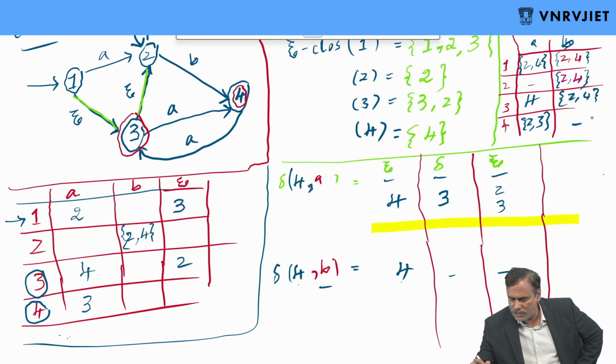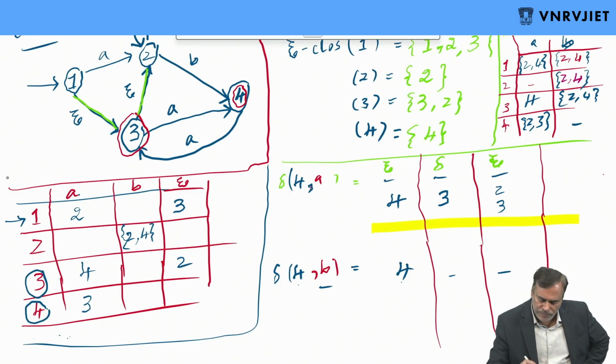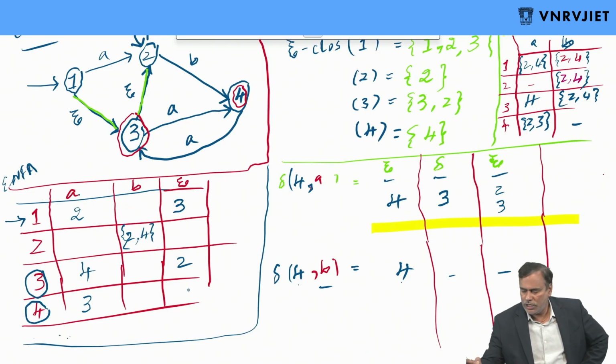So you have got the transition table of this NFA from the transition table of epsilon NFA. What is the basic difference between these two in terms of the transition table? In epsilon NFA, you have the column for transitions on epsilon. Here you don't have a column for transitions on epsilon. That is the basic difference. Epsilon NFA will have transitions on epsilon.